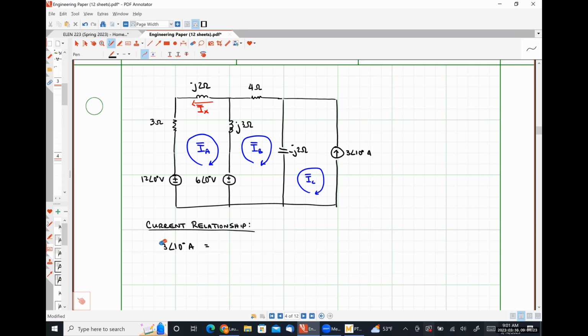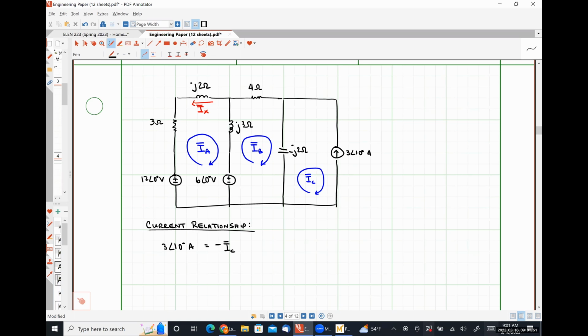Let's start there. IC, okay, that's the only one. So IC is going to be related to that 3 angle 10 degrees amps in some way. So I'm going to put IC right here. Now, does IC flow in the same direction or the opposite direction? The opposite direction, so I need to put a negative sign. And there's my current relationship.